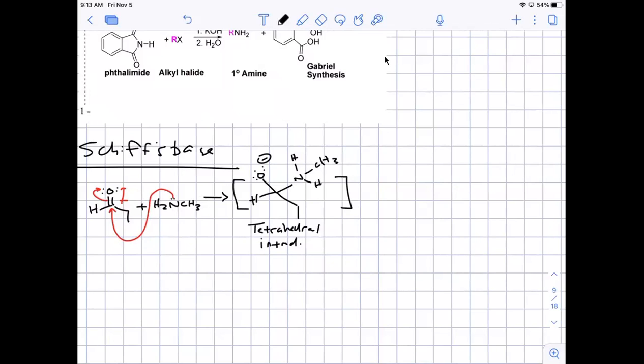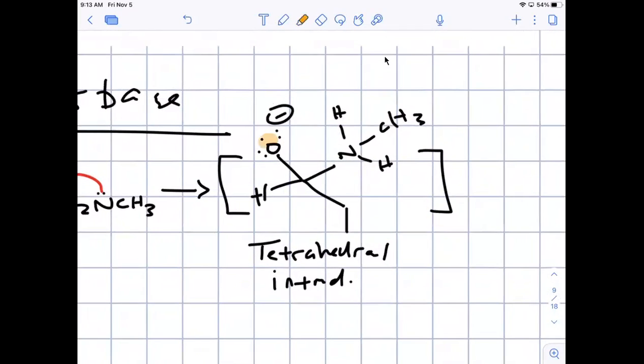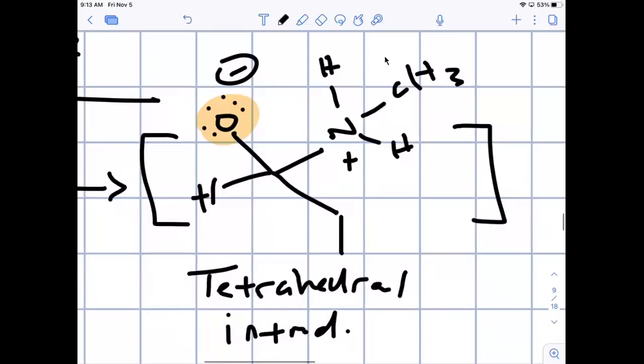Now, one of the goals is to lose water. How can I turn this oxygen right here into a water molecule using only what I have? And this is positive. I'm sorry, I put the charge on there.